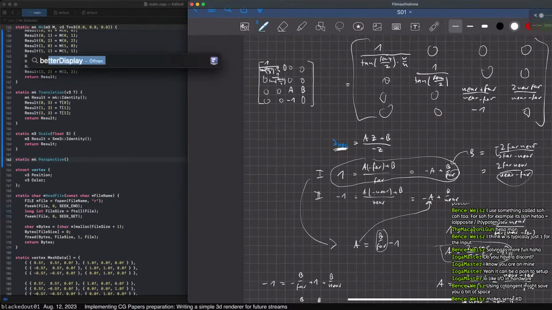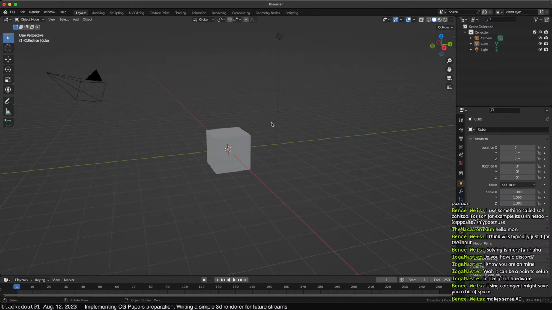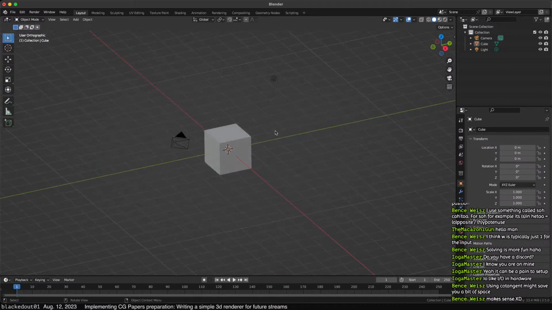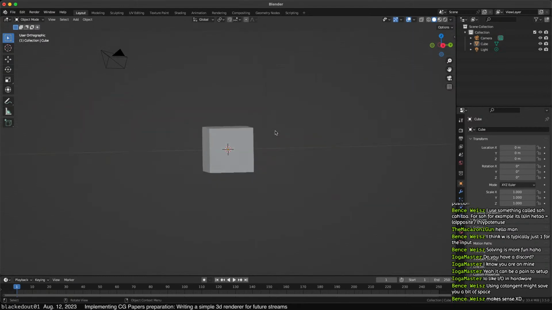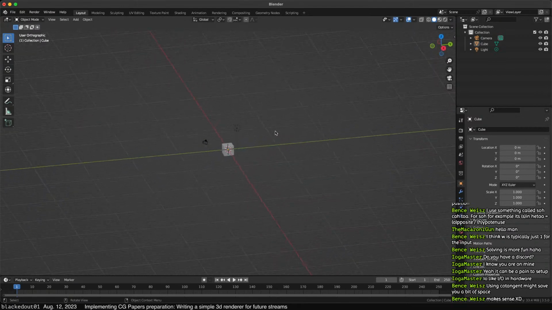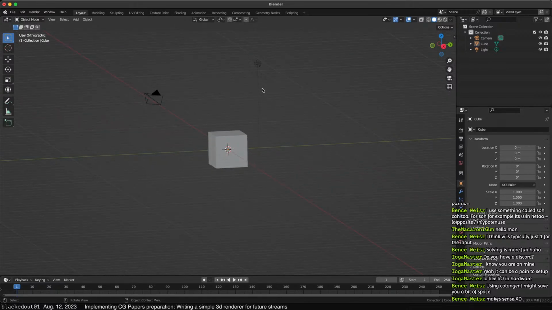So basically in Blender, I think if you press 5, yeah, so this is an orthogonal projection. You can see that regardless of how far something is, it appears the same. So it's the same width regardless of how far it is. And that's the definition of an orthogonal projection, I would say.